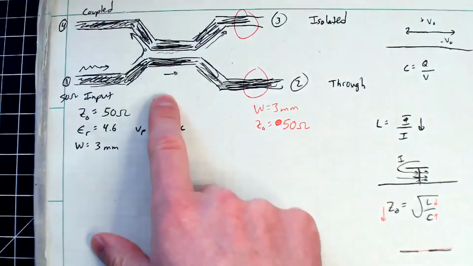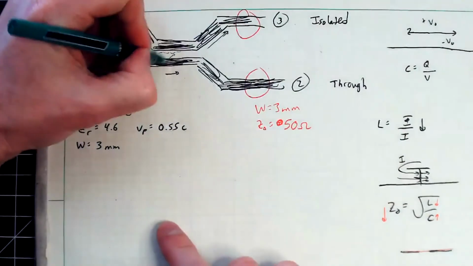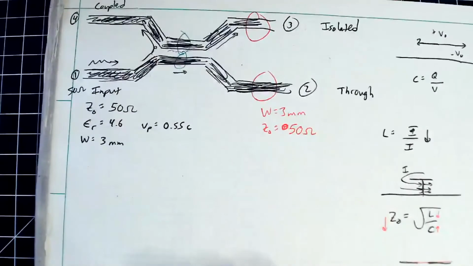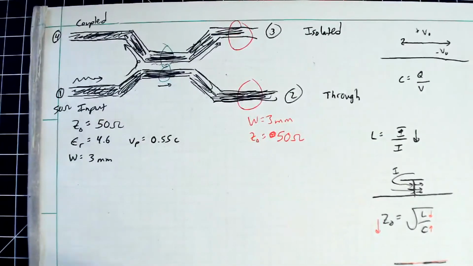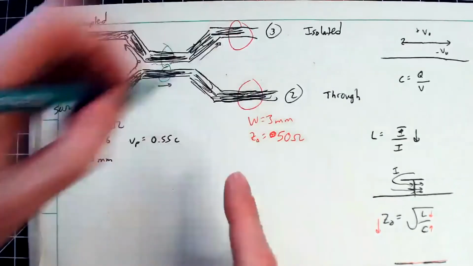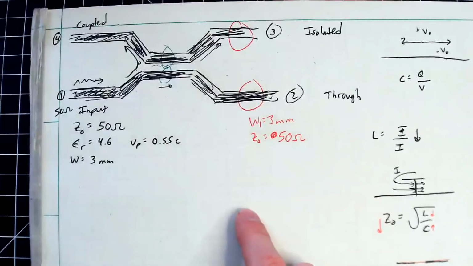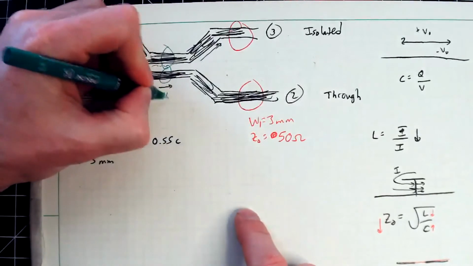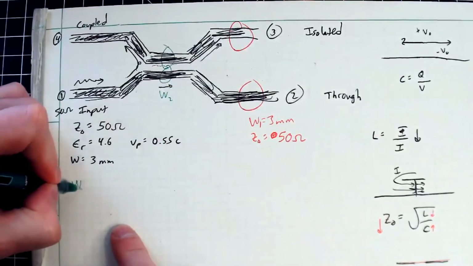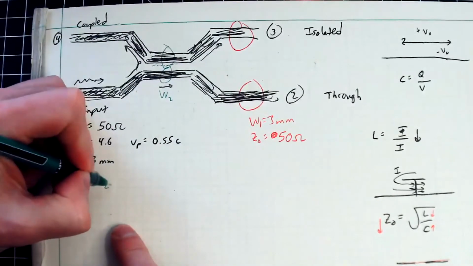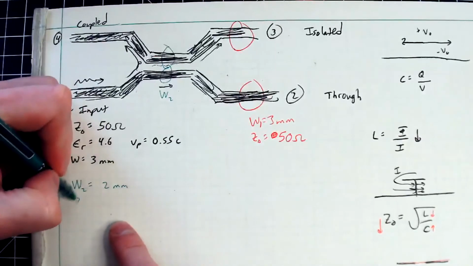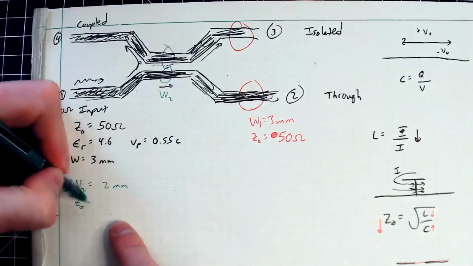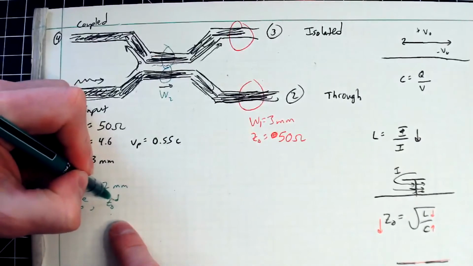But in here, so let's use maybe green, you've got to change the thicknesses there because we want the even and odd products to match. So what we found in here, that was W1 is what I was calling it here. So I'm going to call this W2. So what we found was W2 is equal to about 2 millimeters. And so that gave me some Z naught even, and there was a Z naught odd.